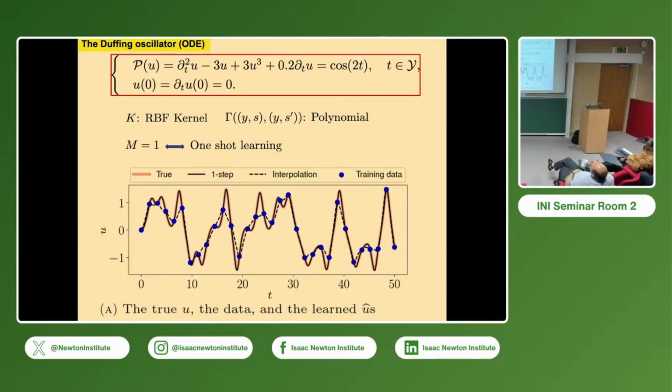The interpolant is shown as a dashed line, so it's not accurate. And in black is what you get with this one-step method, right? You get more accuracy because you are using the fact that this interpolant must solve an ODE that is polynomial. That's a lot of constraints, right? That's why you can recover things.